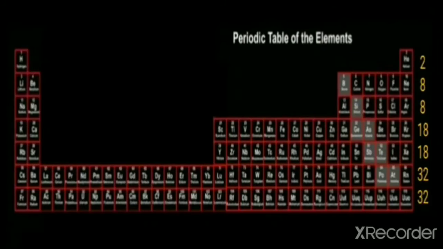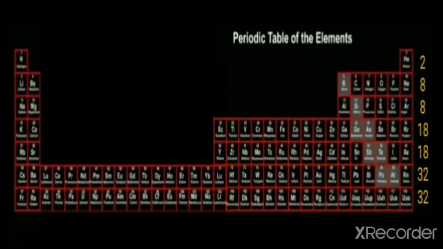So when we make the sum of all these elements, in the first period it has 2 elements, in the second 8, then 8, 18, 18, 32, 32. So these are the number of elements present in each period, that is 2, 8, 8, 18, 18, 32, 32.